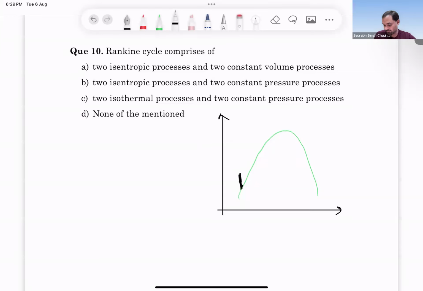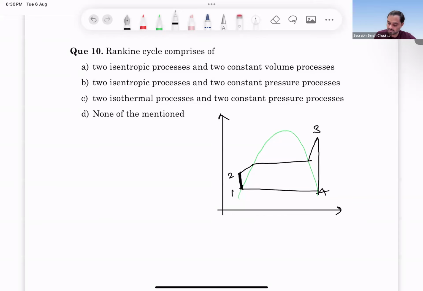In the pump, we assume that there is isentropic pressure rise. Then in the boiler, we assume that it is constant pressure heat addition. And in turbine, we assume that it is isentropic expansion.